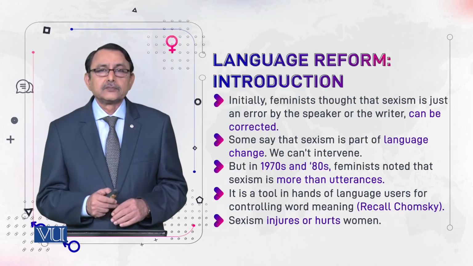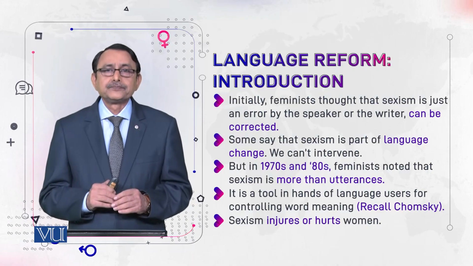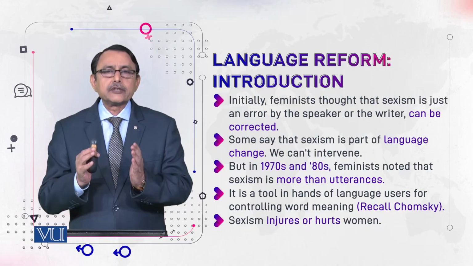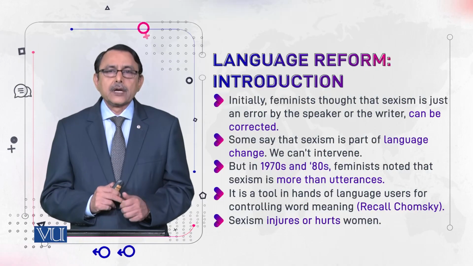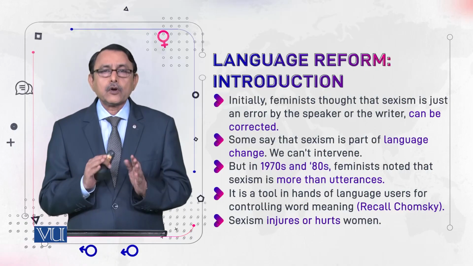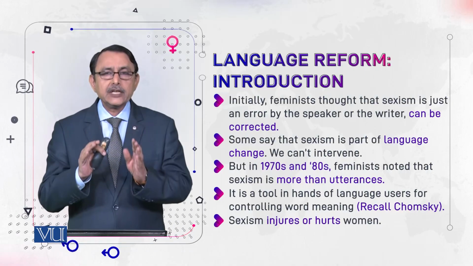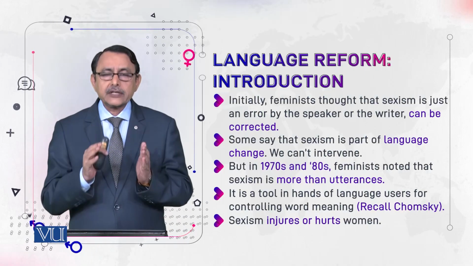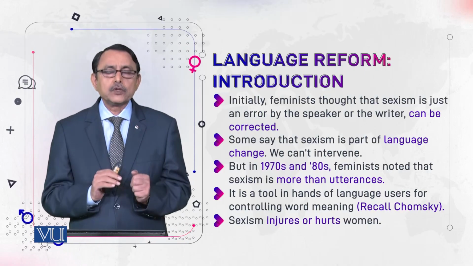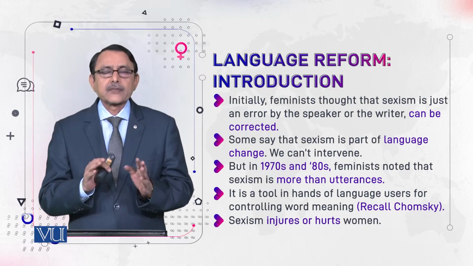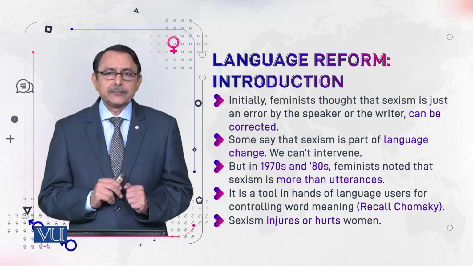Now, the sexism that is the target of language reform is a tool of controlling the meaning of words in a language. This is another point of view regarding the efforts of feminists to reform language.